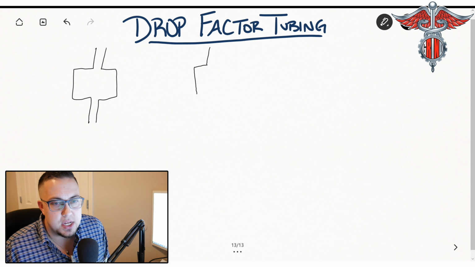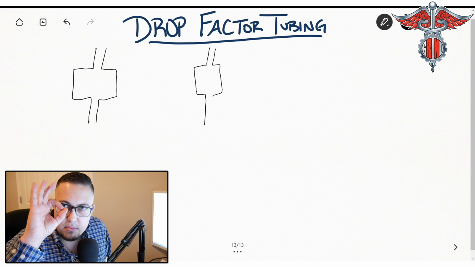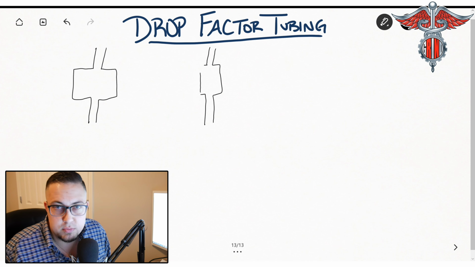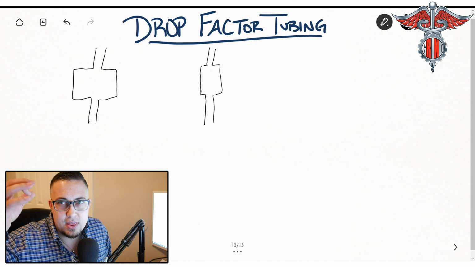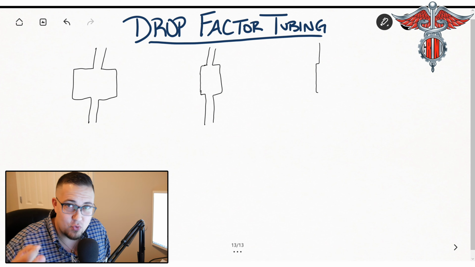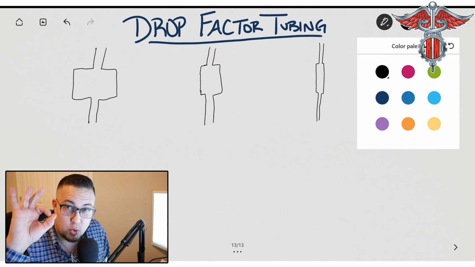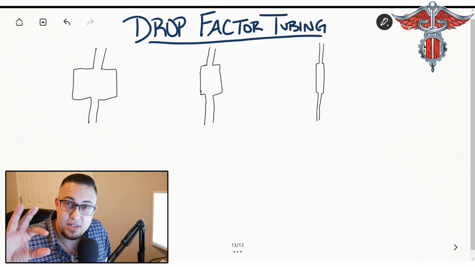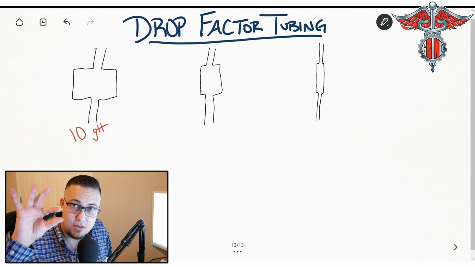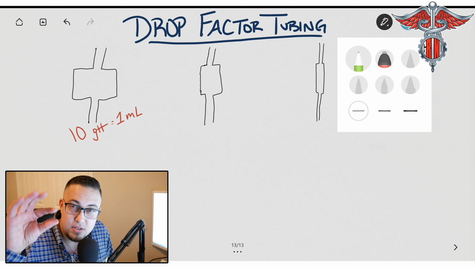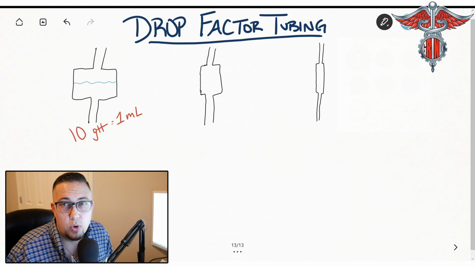You can think of this concept as a bore, a large bore. So this is large bore tubing. So the size of the drop that's going to be coming down is a large drop because it's large bore tubing. So it's going to only take 10 drops of fluid to equal 1 milliliter of fluid. 10 large drops to equal 1 milliliter of fluid.